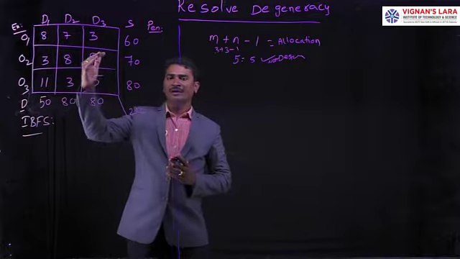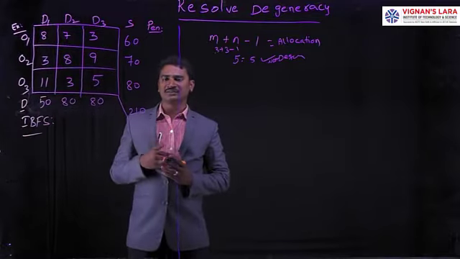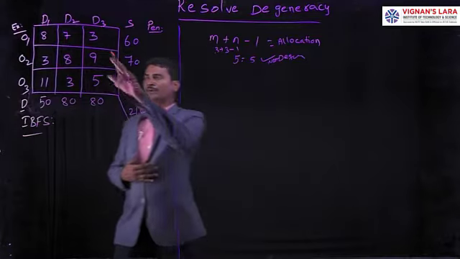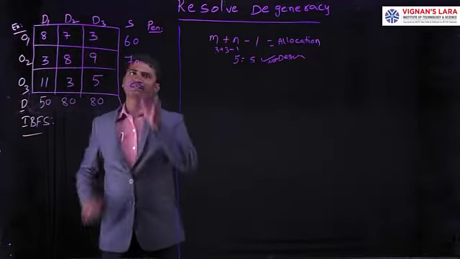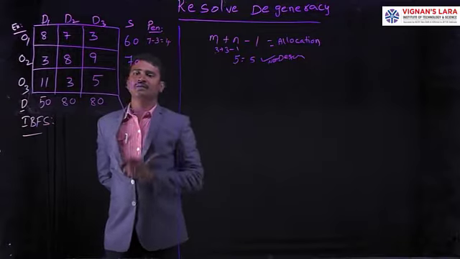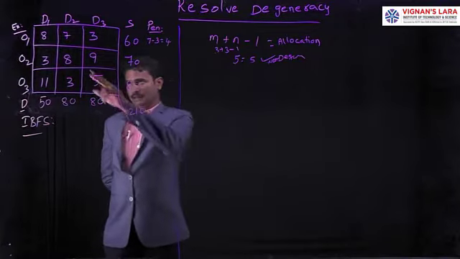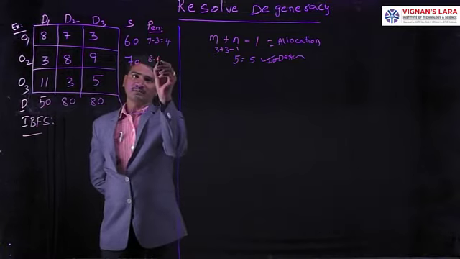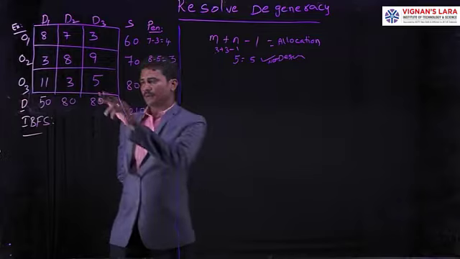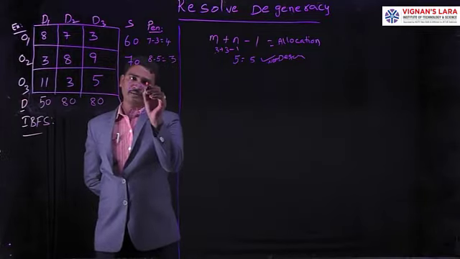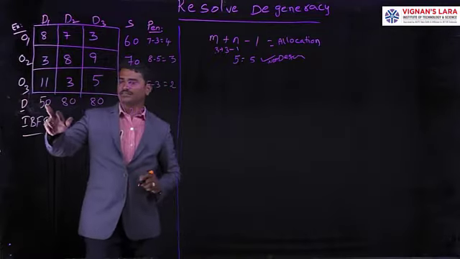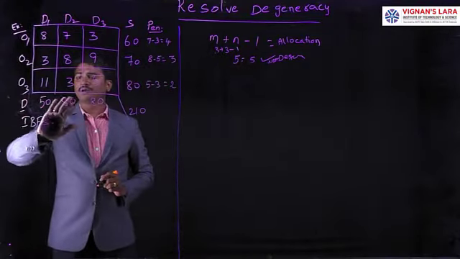We identify the 2 least costs and take the difference between them. Coming to the first row, 3 and 7 are the least costs. The difference between these 2 is 4, and in the next row 8 minus 5, the difference is 3. Next, coming to the third row, 5 minus 3 is equal to 2.